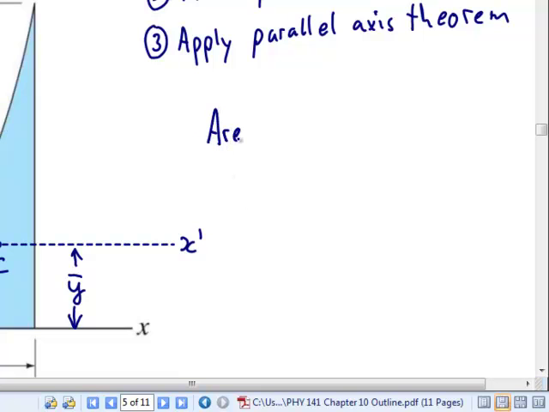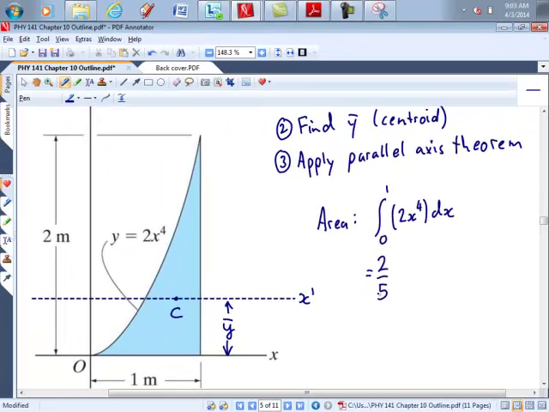So area is going to be the integral between 0 and 1 of y dx. So that's 2x to the 4 dx. Two-fifths. Okay, that was easy. So the area is 2/5.